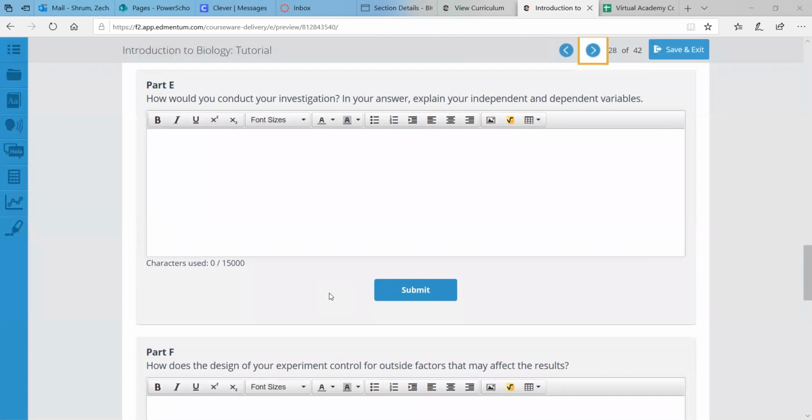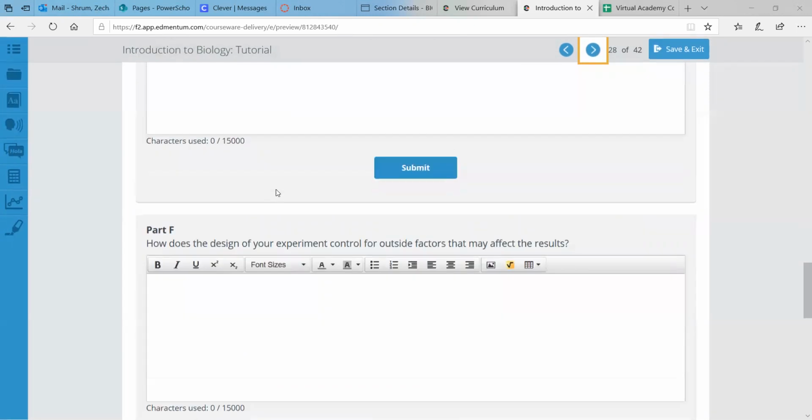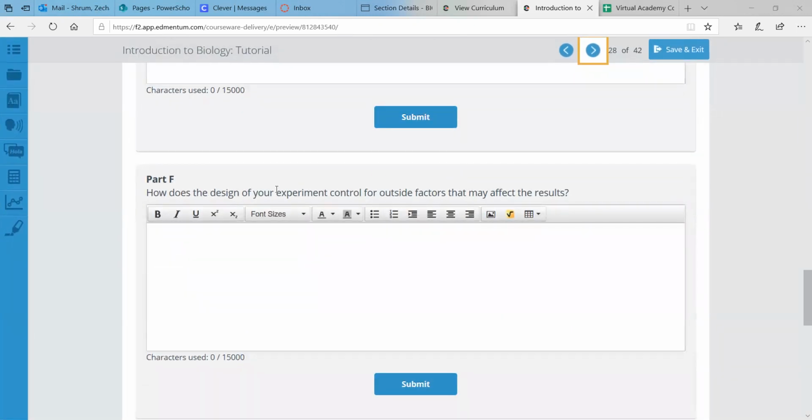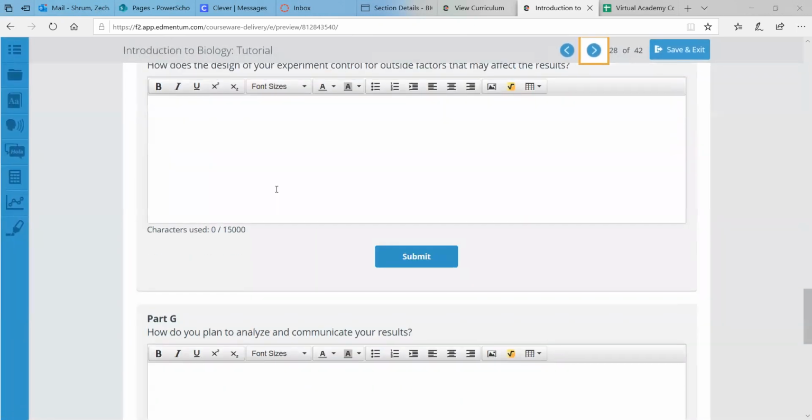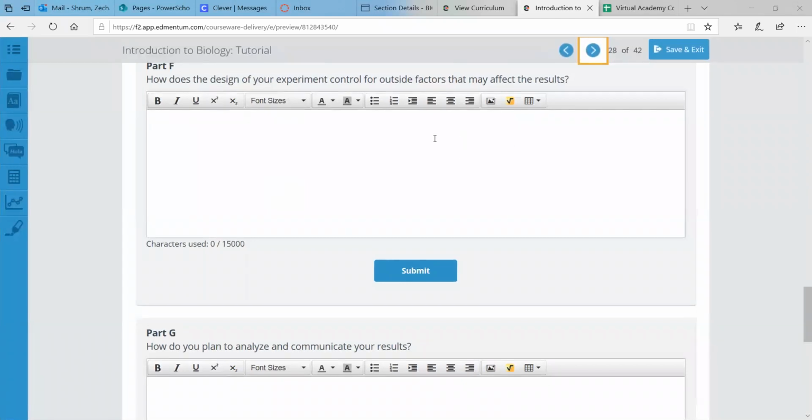And then how would you design your experiment and explain your independent variable, the variable you want to change, and the dependent variable is what you're going to look for a change in by changing this other variable. And how are you going to control for outside factors?